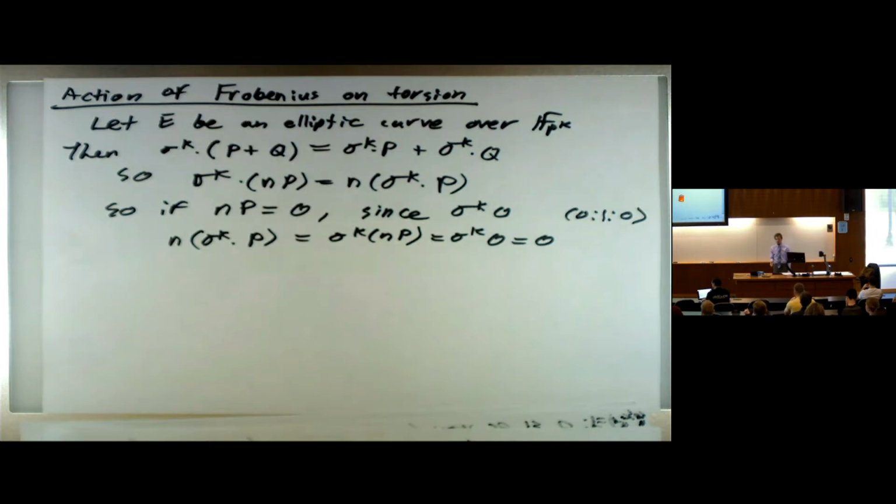But if you have a certain torsion point available, then the action of Frobenius on this is exactly like this. It could be that you only have trivial torsion, and then the action of Frobenius is quite boring. It's just acting on O, sending it to O. That's it.